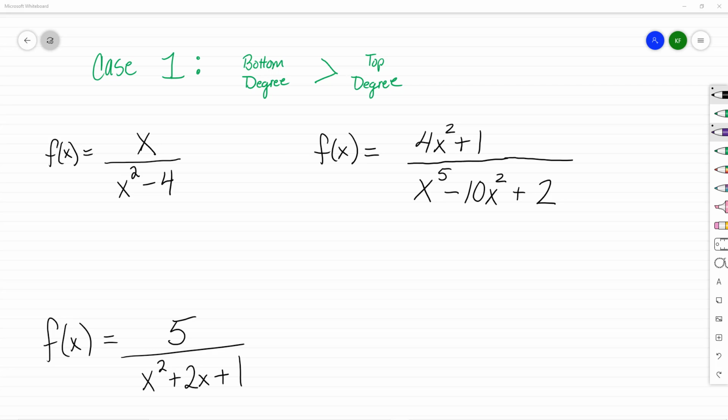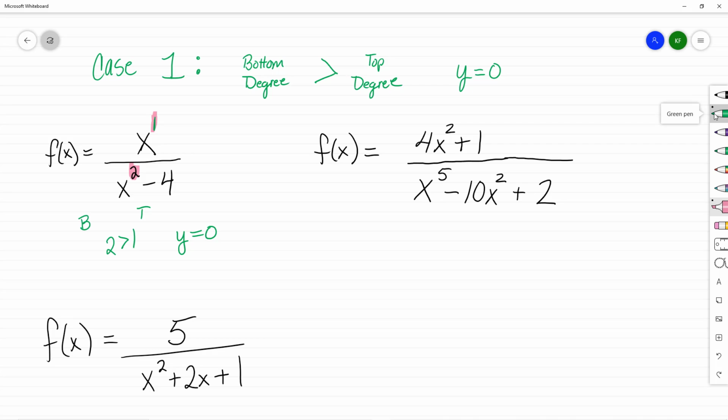I'm still in case 1, and the horizontal asymptote when it follows this situation is y equals 0. So I'm going to come over here and look at my exponents. I have 1 in the top, so 2 is bigger than 1, and remember this is the bottom and this is the top, so y has to be 0. I'm going to go back and highlight for you what I'm looking at. Okay, so that's the first example.